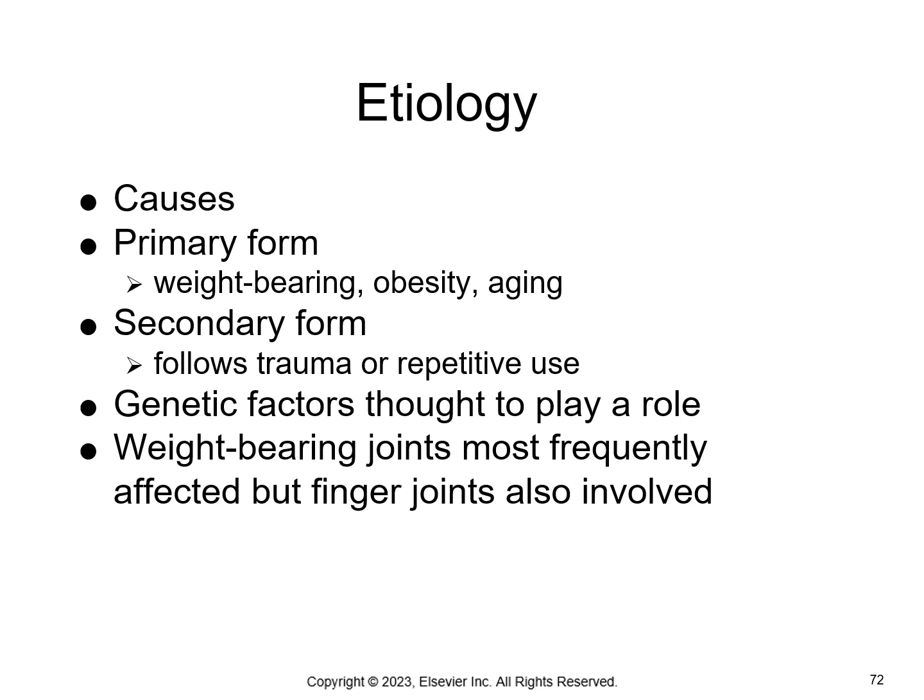The large weight-bearing joints, such as the knees and the hips, are subject to injury or occupational stress and are frequently affected. Also, the joints of the fingers. Once the cartilage is damaged, joint alignment or the frictionless surface of the articular cartilage is lost, and a vicious cycle ensues.